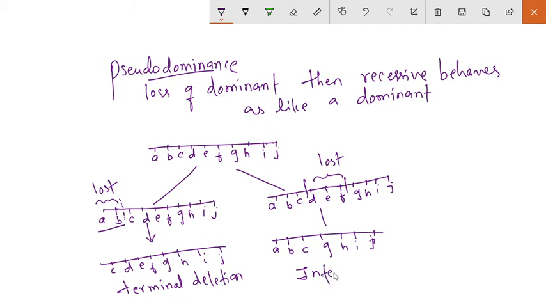So it is known as the intercalary deletion.